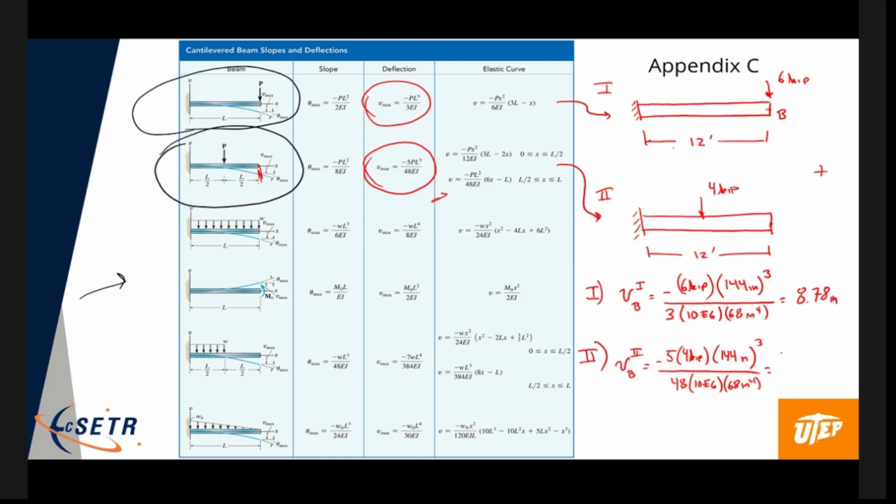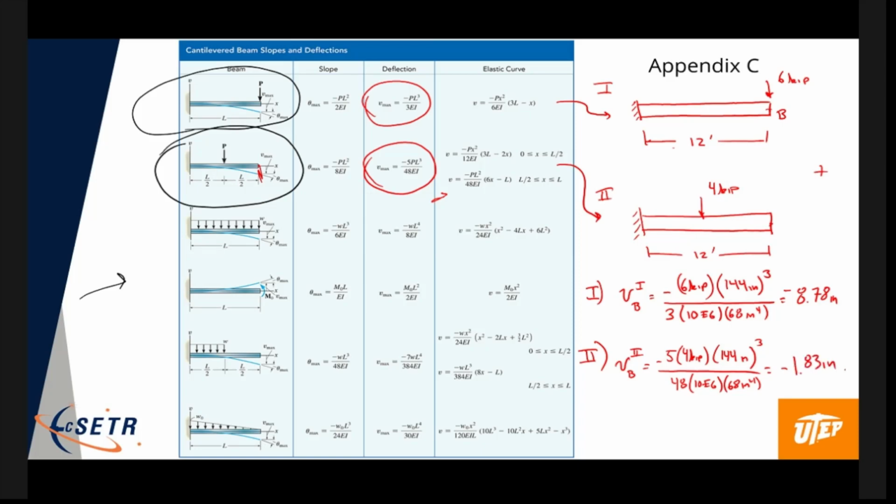And this gives us, I should put a negative here, technically, right? All right, this gives us minus 1.83 inches.